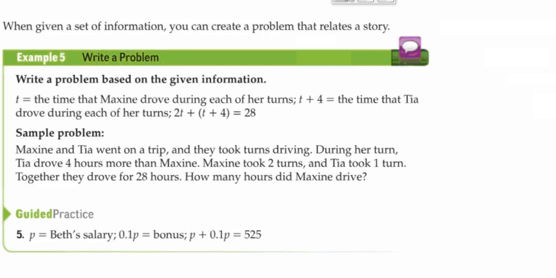So here, this is one example. Maxine and Tia went on a trip. They took turns driving. During her turn, Tia drove 4 hours more than Maxine. Maxine took 2 turns, and Tia took 1 turn. Together, they drove for 28 hours. How many hours did Maxine drive? It's not asking you to solve it. It's asking you to create a problem based off of this. So right now, go ahead and pause the video so you can try guided practice number 5.